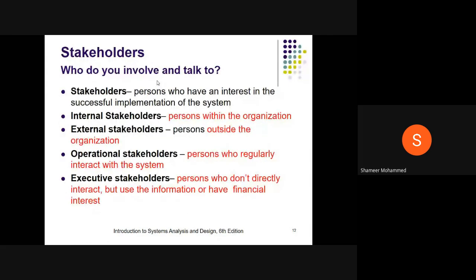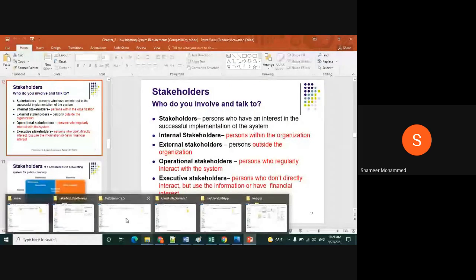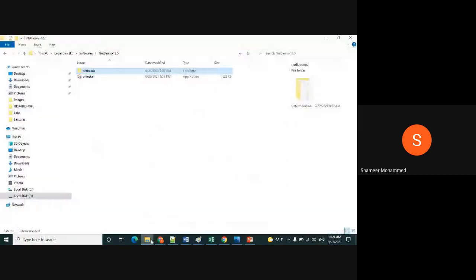So now, who is a stakeholder? This is the person who is showing interest in the implementation of the system. There are different types of stakeholders: internal, external, operational. I will show you the diagram, then you can understand who they are and why we need them.